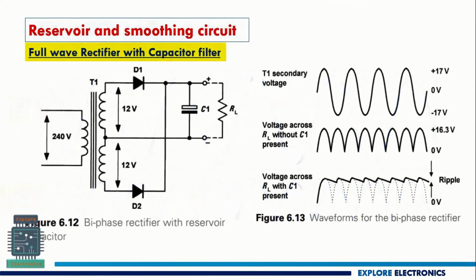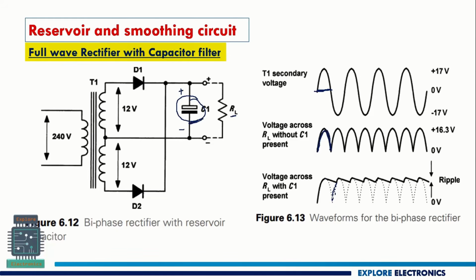And this is with a capacitor filter. If we put one capacitor over here, parallel to RL, what happens? This capacitor is going to charge to the maximum value of the voltage, and then it will keep its charge until the next half cycle of the input comes. So in the positive half cycle, you can see this is without the capacitor, the output will be like this.